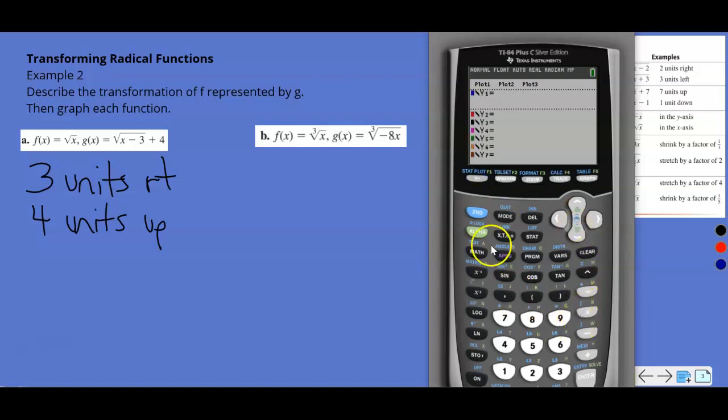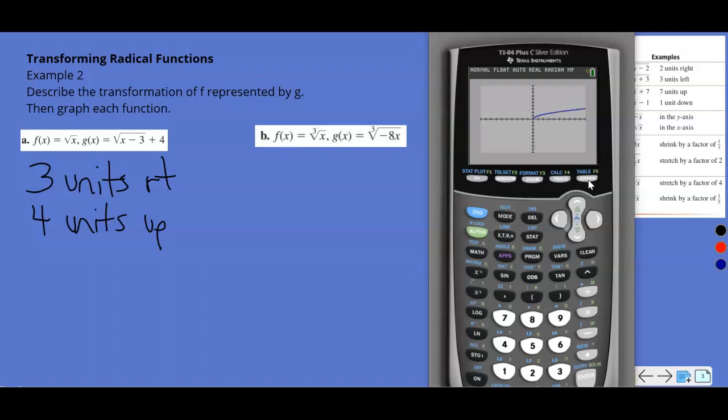So our parent function is just the square root of x. And then we have the square root of x minus 3. Arrow over to get out from under the square root, and then plus 4 to get your vertical translation, and then hit graph.